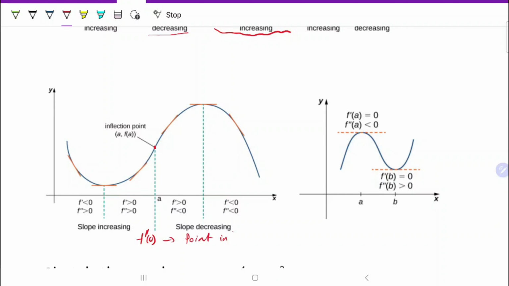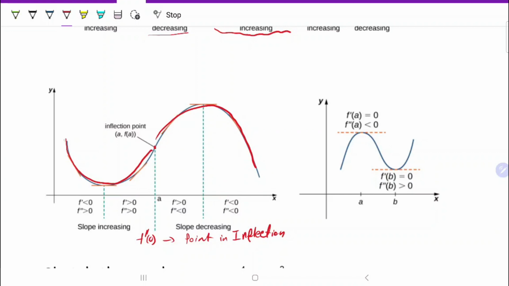That's very important. The point of inflection is also where a function goes from being concave up, as you can see the shape, to concave down. Concave down will be that shape that you get over there. So that's absolutely important for you to know.